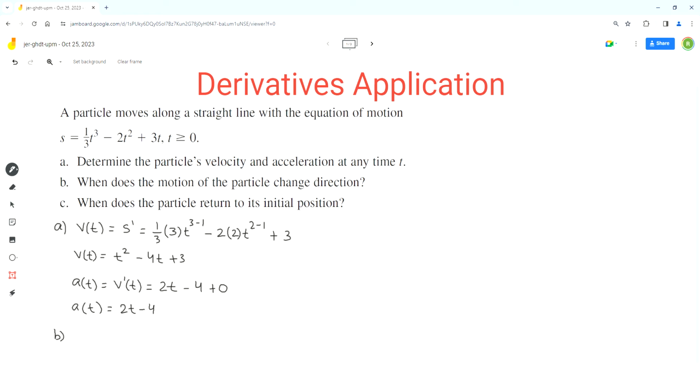So the first step here is to find the times at which the velocity becomes equal to 0. For that, we'll use the velocity function, and the velocity function we found is v(t) equals t squared minus 4t plus 3. So we have to set this function equal to 0 and then solve for t.